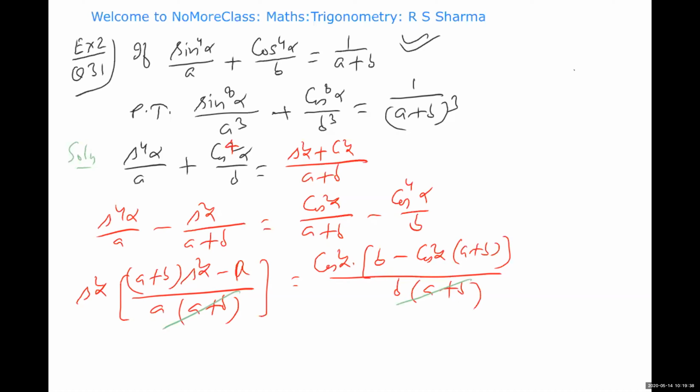Now you will be left with sin square alpha into B sin square alpha minus A. 1 minus sin square alpha is cos square alpha is equal to cos square alpha into, this will be how much?